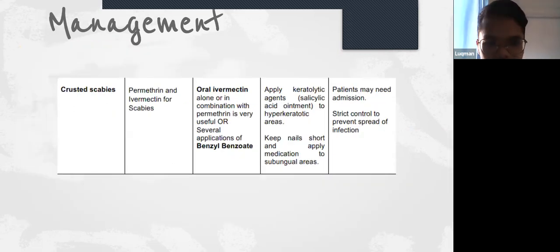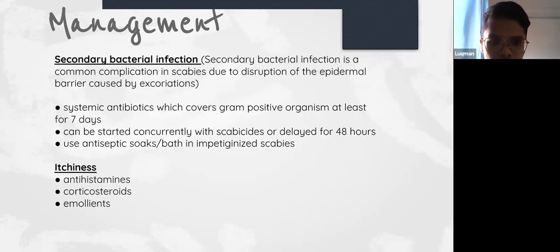For the management of crusted scabies, the recommended management is permethrin and ivermectin simultaneously. Oral ivermectin alone or in combination with permethrin is very useful, or you can also use benzyl benzoate. For secondary bacterial infection, you can use systemic antibiotics which cover gram-positive organisms for at least 7 days.